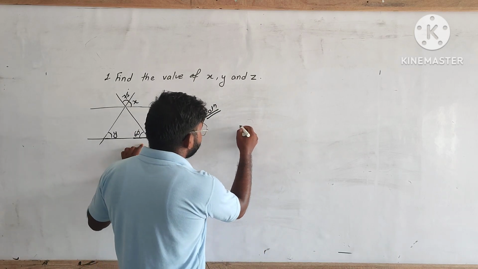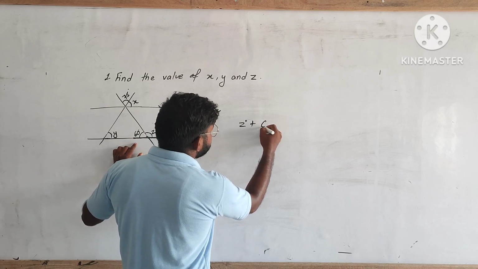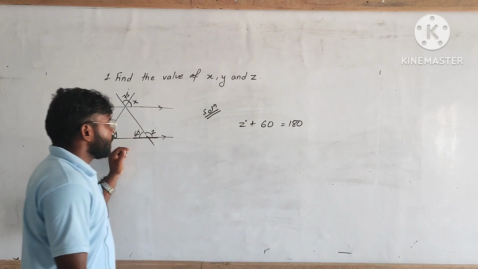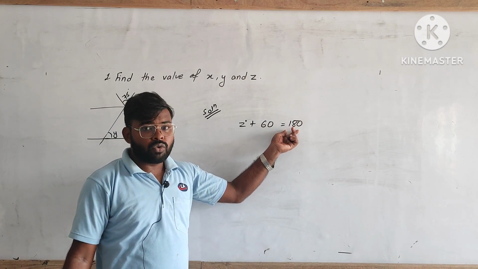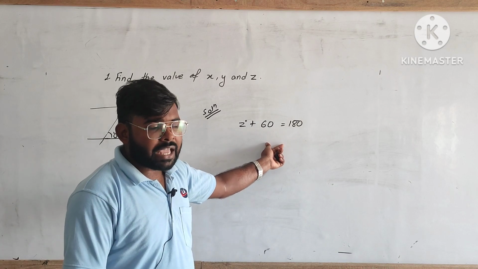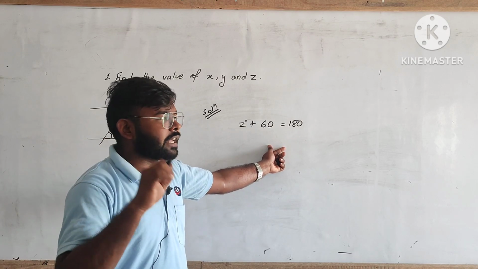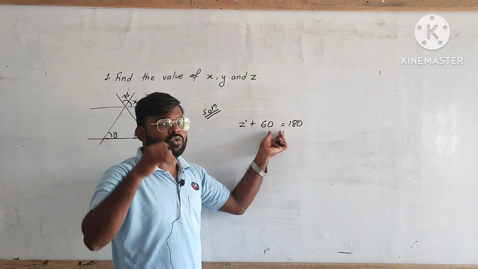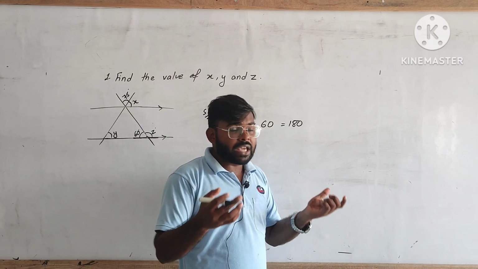Here we write the sum: z degree plus 60 degree is equal to 180. Z plus 60 is 180. How? Because it's a straight angle, and the sum of the angles on a straight line is always 180. That's why we have written z plus 60 is equal to 180. Now we need to give the reason why we have written so.